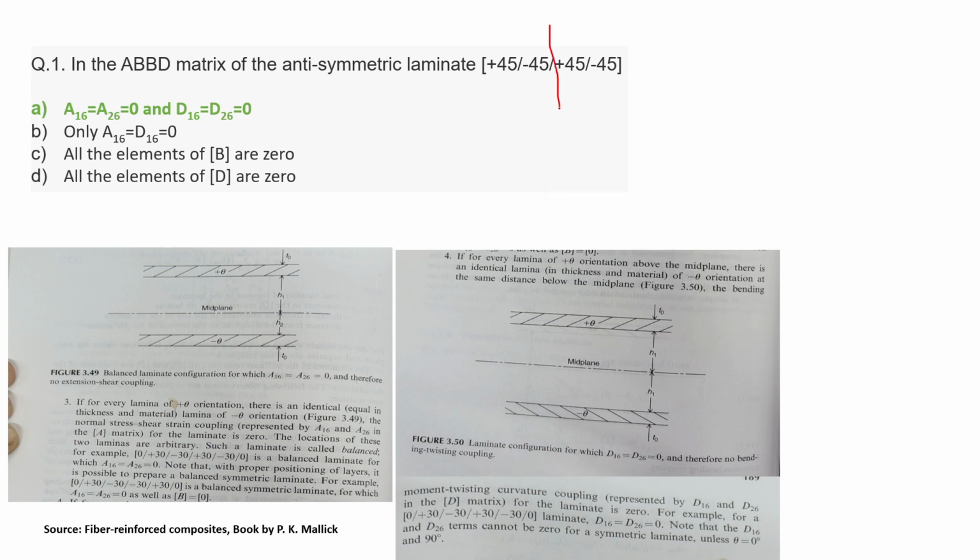So here, if we take the midplane, it will be plus 45, minus 45, then comes the midplane, and plus 45, minus 45. From the midplane, wherever there is a position for plus 45, at the same position there should be the negative of that theta, so minus 45. Similarly here it is minus 45, and at the same position there is plus 45.